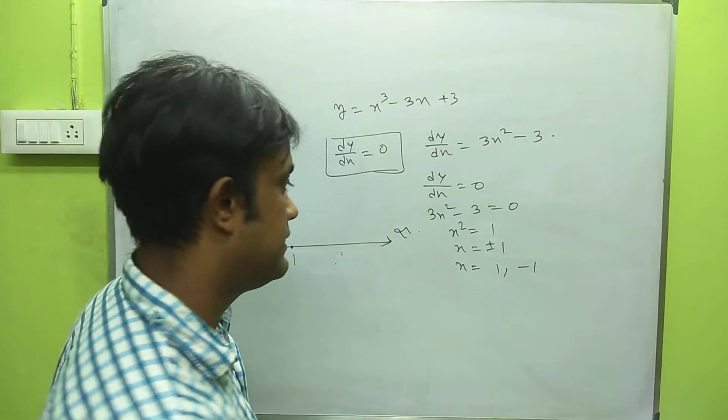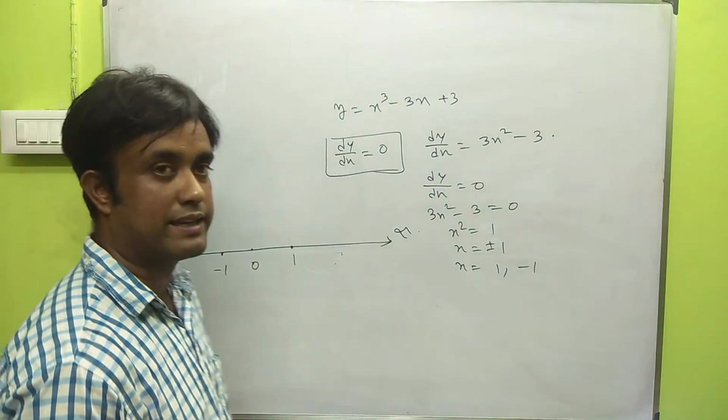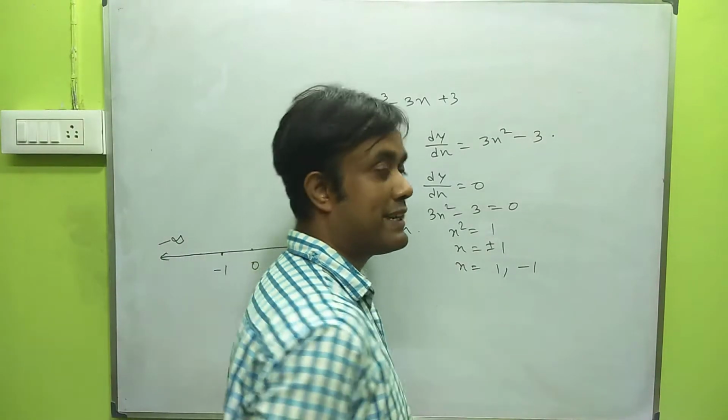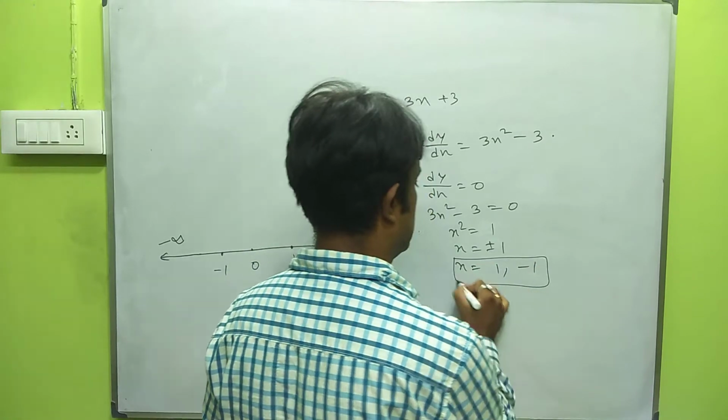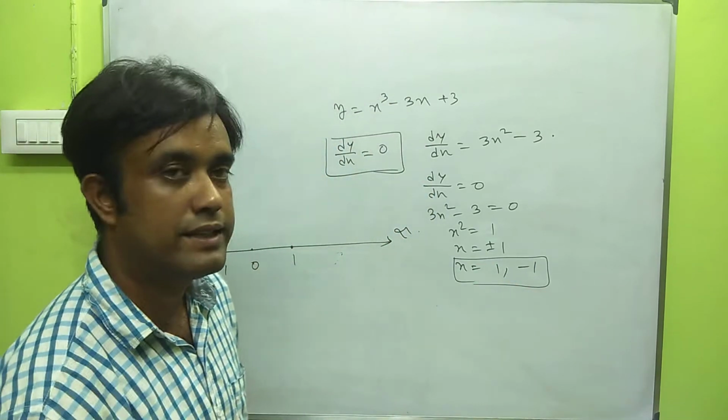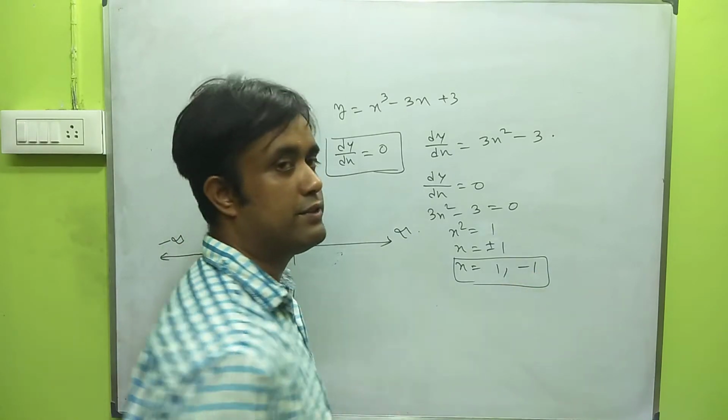Now we test the sign of dy by dx. If we make some intervals according to the turning points, what are the turning points here? 1 and minus 1.